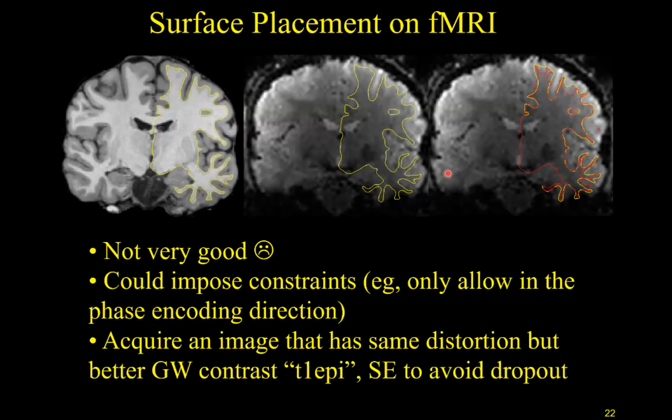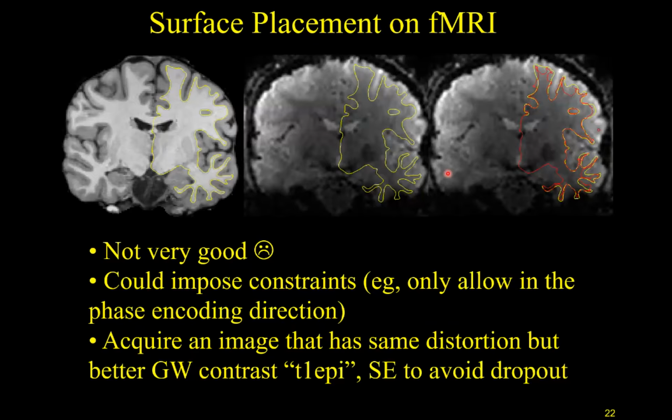So the fMRI tends not to have tons of gray-white contrast, and back in the day, 20 years ago, when people were scanning here, they would acquire something called a T1 EPI. And that was actually a decent T1 weighted image that had all of the distortion that the standard functional had.